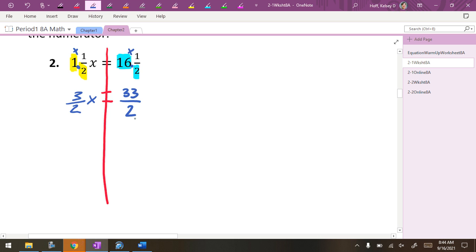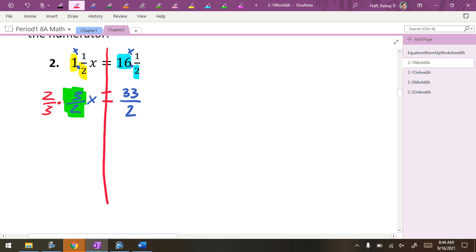I want you to identify for me the coefficient. Remember, the coefficient is the number in front of the variable. What number is in front of our variable? 3/2. Nicely done. And to get rid of that, I need to flip it. 3/2 is going to become 2/3.